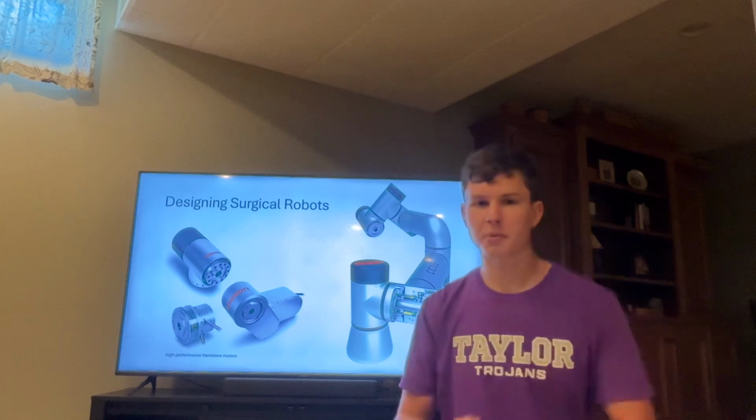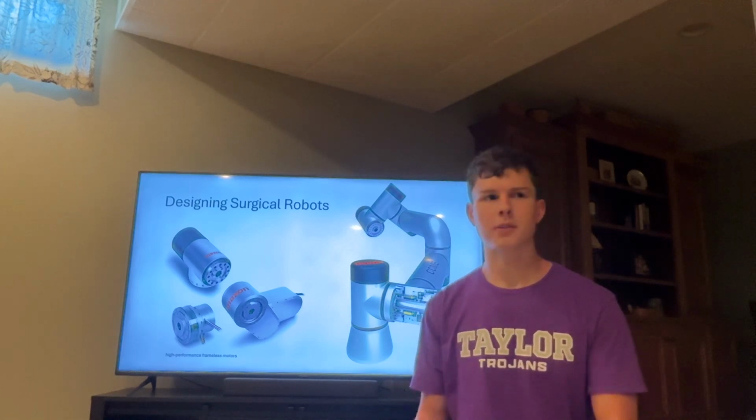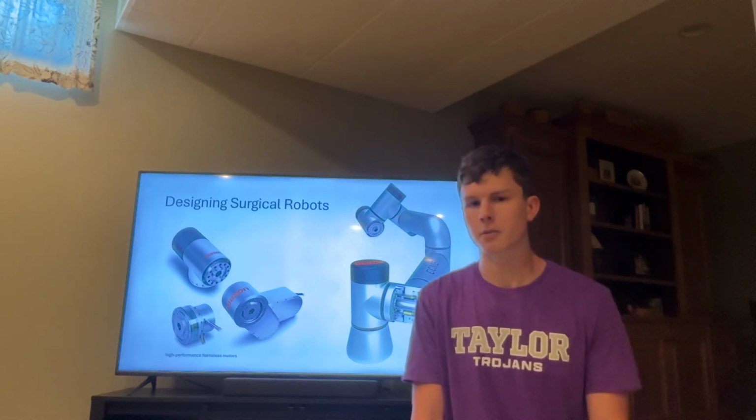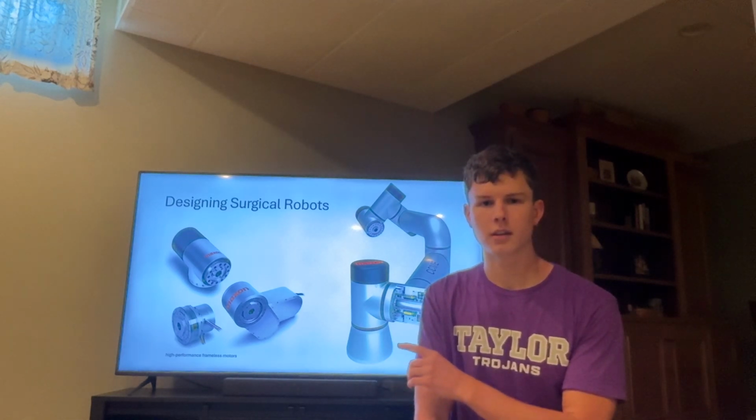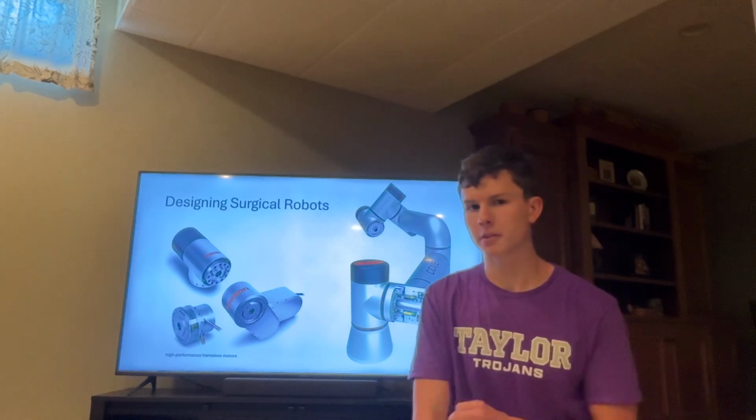Next, I'd like to look at a specific part that was proposed by Patel that could be used for surgical robots. These are high-performance brushless frameless motors.